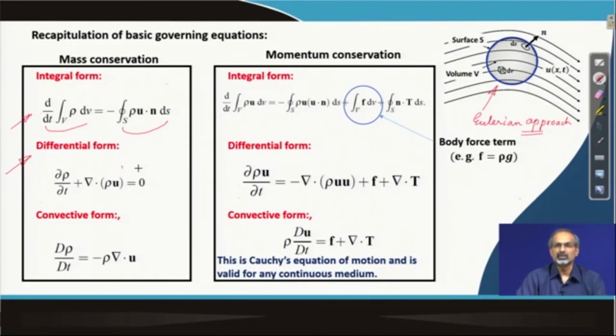That means, there is no mass stored within the control volume as such, and in general this should be true for an elemental control volume, like the one we have tried showing inside this finite control volume, which is infinitesimal in extent. Out of this integral form of the equation emerges the differential form, which is true for the smallest of elements, and therefore, it involves the derivative based expression.